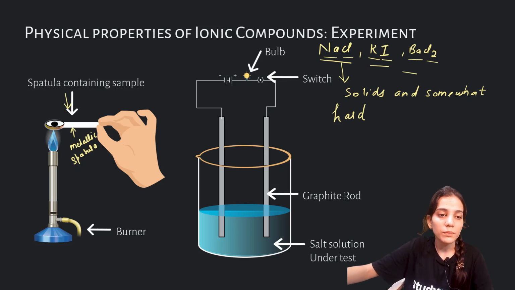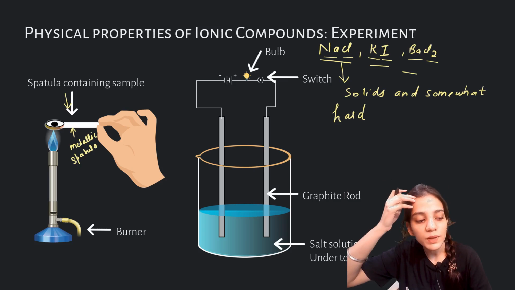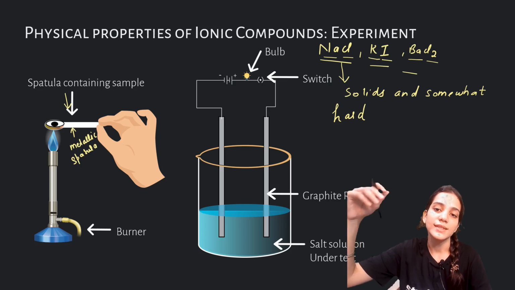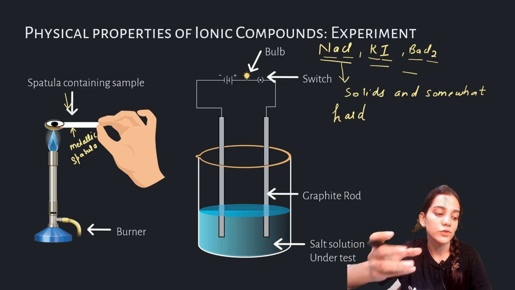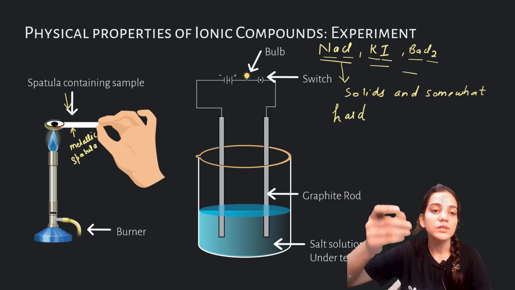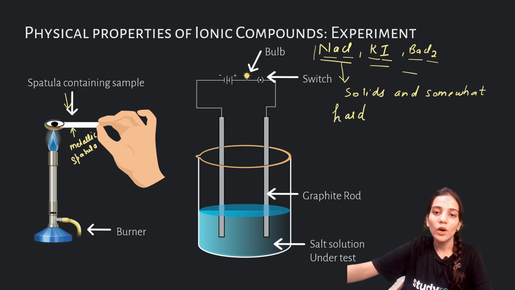The melting and boiling points of ionic compounds are very high. This is because, as I told you earlier, they are held by strong electrostatic forces. A considerable amount of energy is required to break the interionic attraction between these compounds. So these compounds will not melt easily.